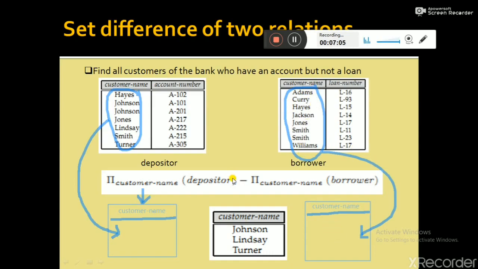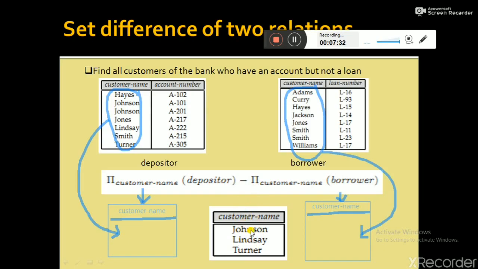Now if you perform pi customer name depositor minus pi customer name borrower, what will happen in terms of temporary relation? That means we are performing this relation minus this relation. This is one temporary relation, this is another temporary relation, and then we are performing minus.